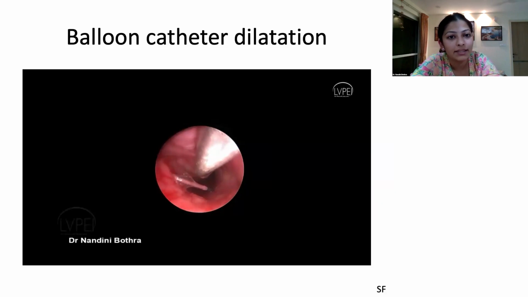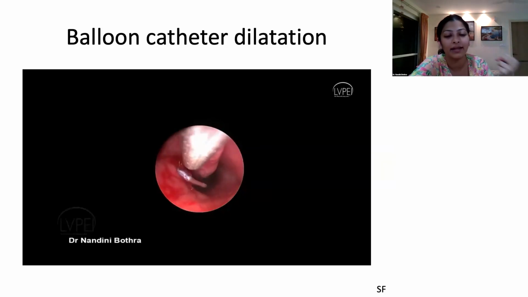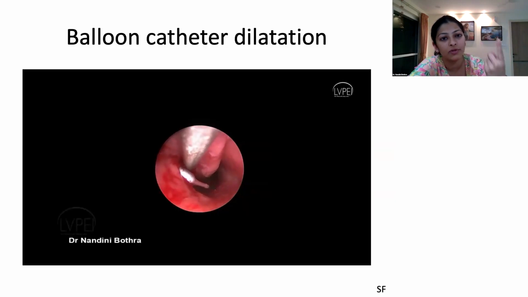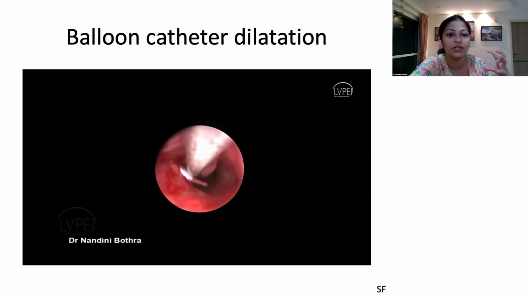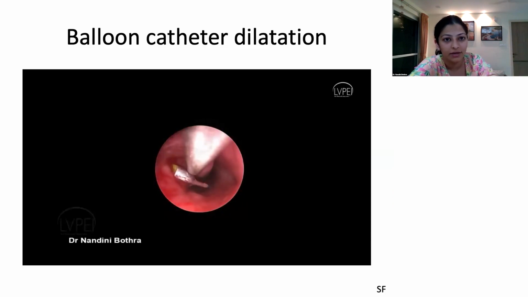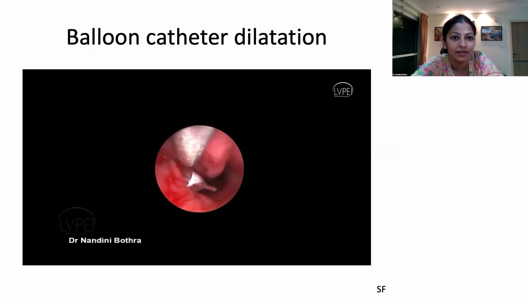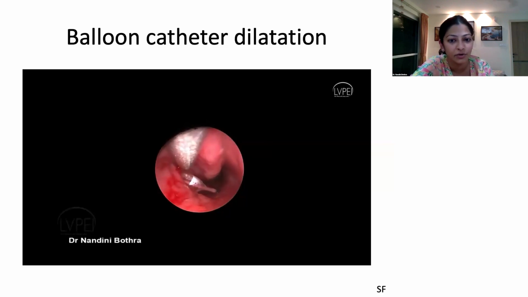Okay, so you actually deflate and inflate the balloon twice. Why do you do it twice? Because you want that opening to stay enlarged. And why do you do it for 90 seconds, then give it a break, and then do it for 60 seconds? Because the vascularization around that area, you do not want it to get compromised. If you keep on inflating it for a longer duration of time, there is a chance that area can undergo vascular necrosis.